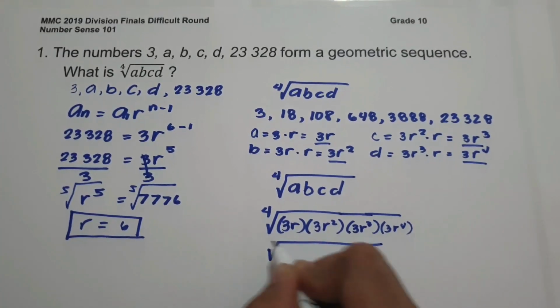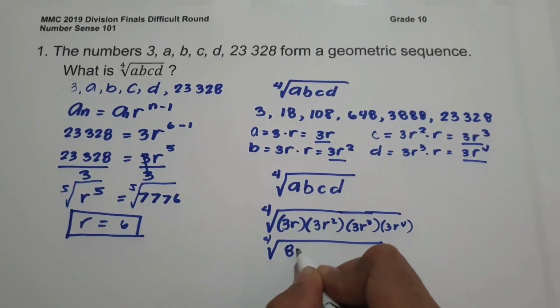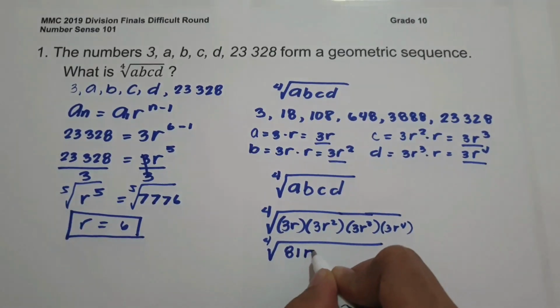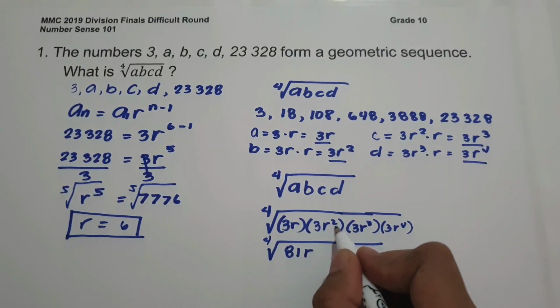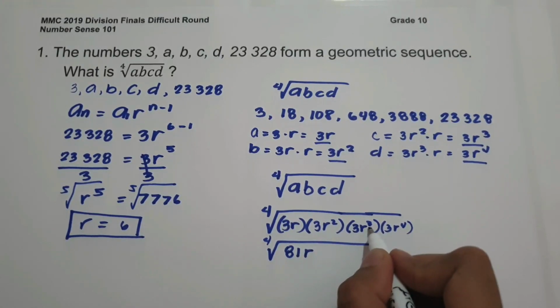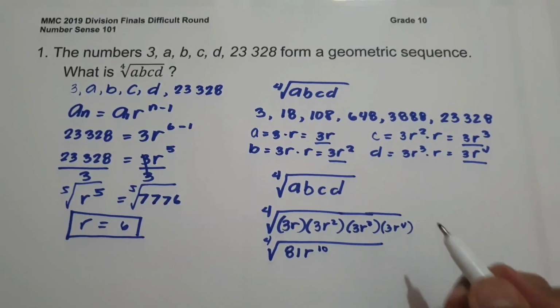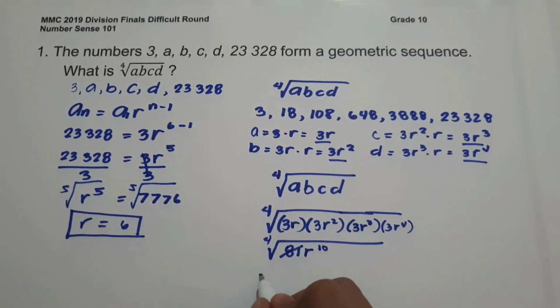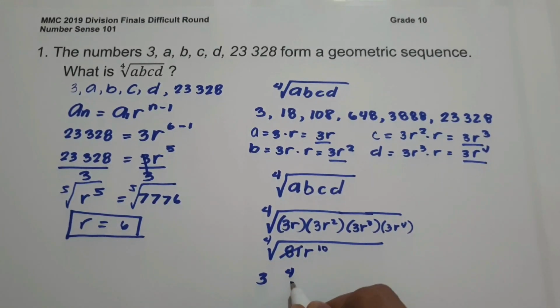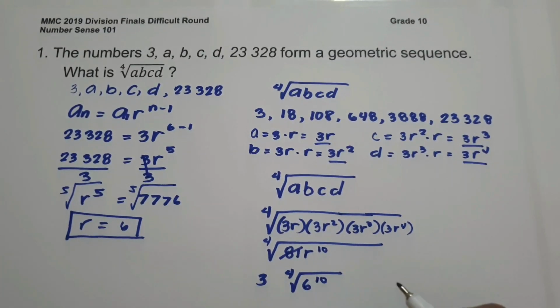So we have the fourth root of 81, and then let us copy r and add the exponents: 1 plus 2 is 3, plus 3 is 6, plus 4 is 10. The fourth root of 81 is 3. So we have the fourth root, and then let us substitute the value of r, that is 6 raised to 10.